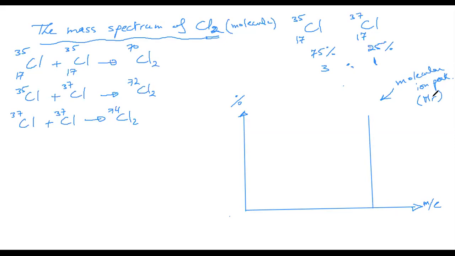Now, here in case of chlorine, we know that it is an element. We know it is not an organic compound, because an organic compound will differ from the elements. So since we are introducing an element, chlorine, inside our mass spectrometer, we are going to find that we get three peaks: one at 70, the second at 72, and the third at 74.